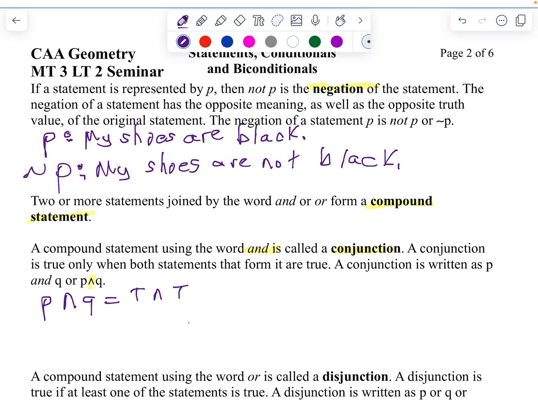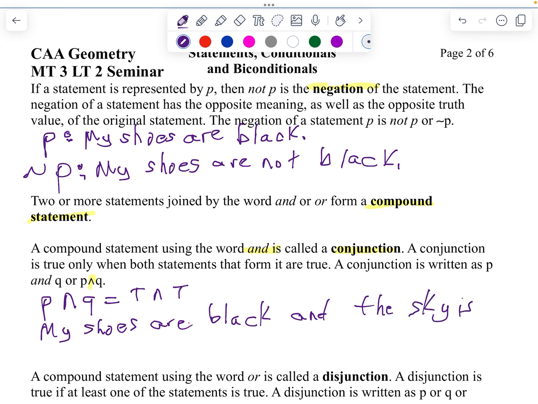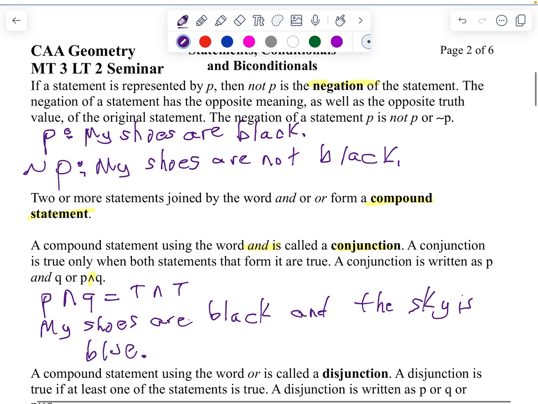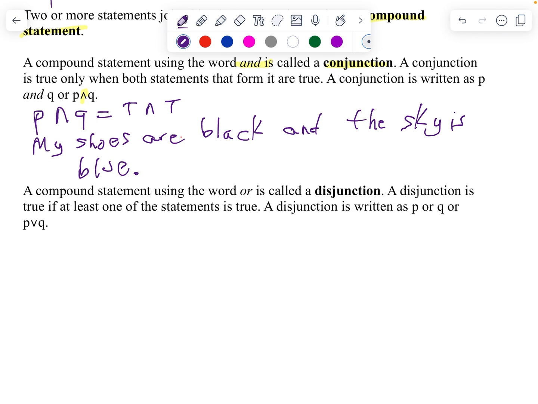For example, I'll say my shoes are black and the sky is blue. This would only be true if both parts were true. If either one of them is false, you can say that statement's false. We'll take a look at an example here in a second.